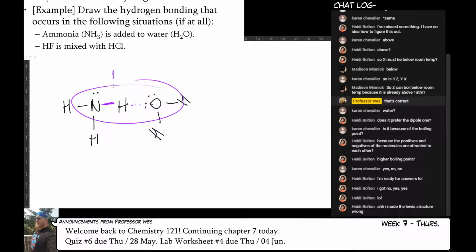And the way that we label these, and this might come up in a different class, so just in case you need to know this: the molecule that is donating the H is the H bond donor, and the molecule that is donating the electron pair is the H bond acceptor. Some molecules are H bond donors, but are not H bond acceptors, and vice versa. Some molecules can do both. It all depends on the structure.